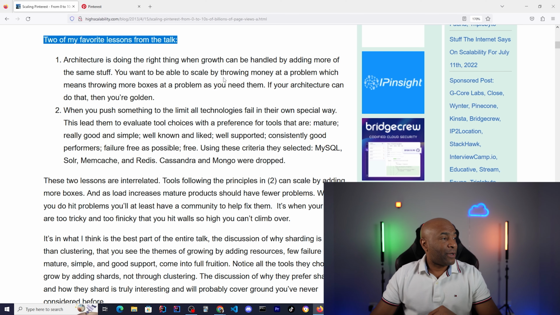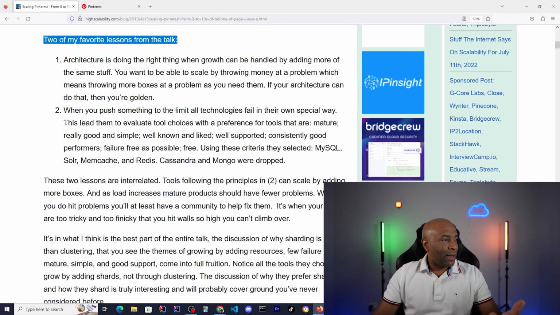Second point here is when you push something to the limit, all technologies fail in their special way. This is something very important that they stated here, because we cannot forget that they have this humongous amount of data and amount of requests per month. Probably they tried a bunch of different stuff and they failed, so they had to fix and adapt to that kind of situation.